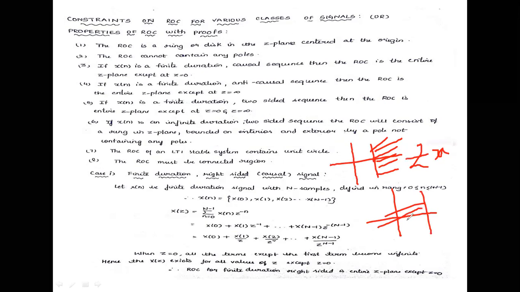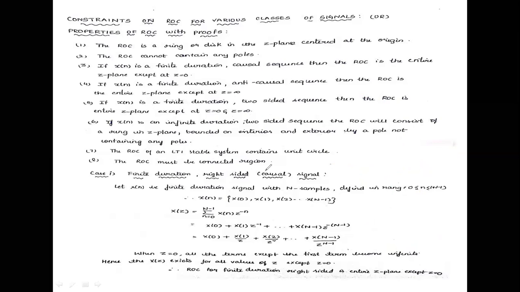Okay, the ROC must be a connected region. That is, if |Z| is less than A, the region of convergence is towards the left hand side, and this is towards the right hand side. Got it?